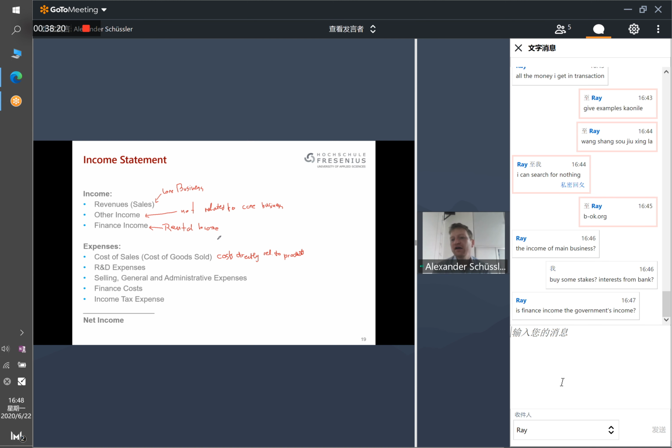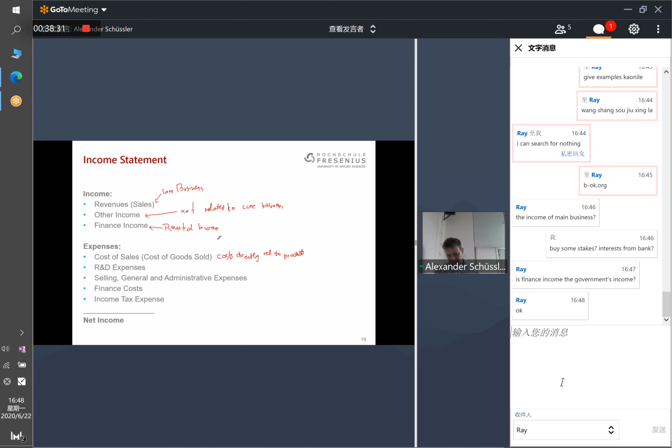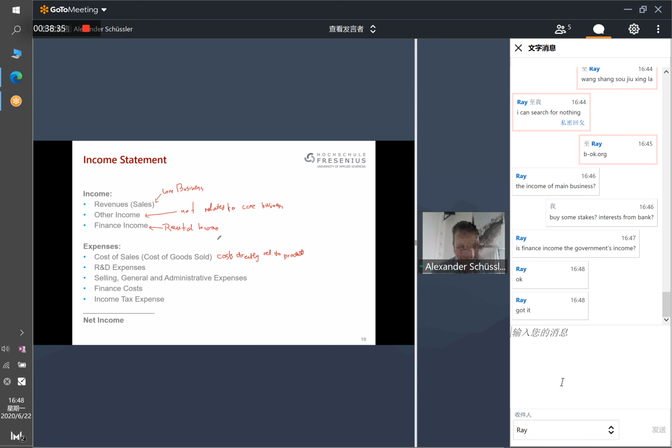For example, dividends. If a company receives a dividend from another company, then that's finance income. If a company receives interest, then that's finance income. Okay, cool.